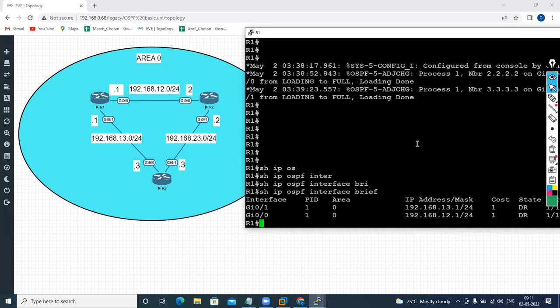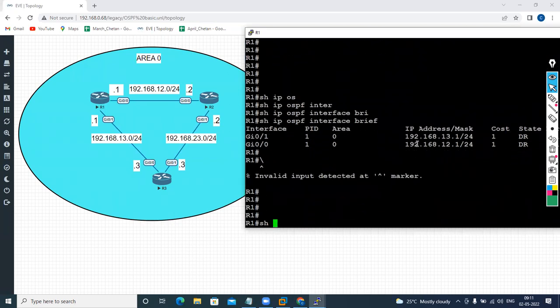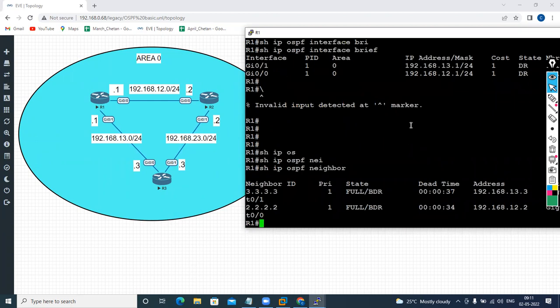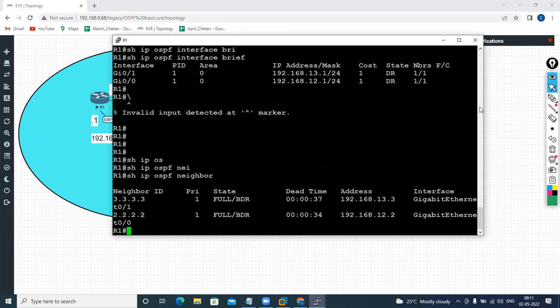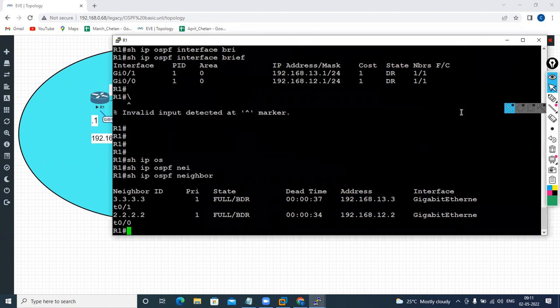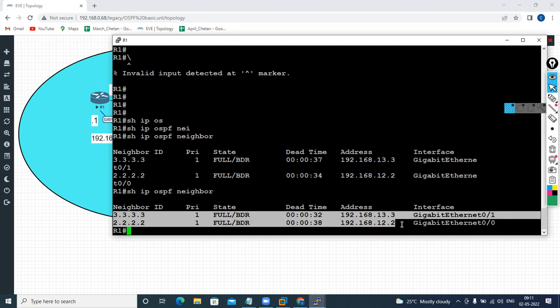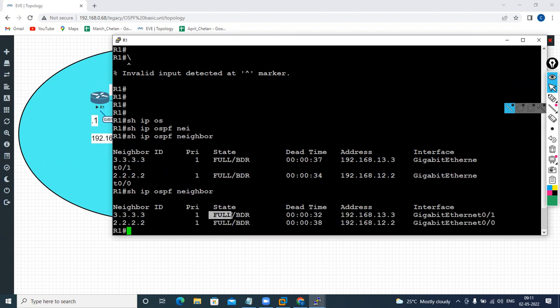how to check the neighborship? Show ip ospf neighbor. Can you see? I have two full adjacencies with 1.1.1.1 and 2.2.2.2. The state is full. This is the dead time.